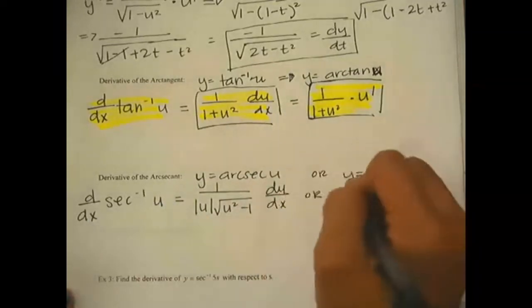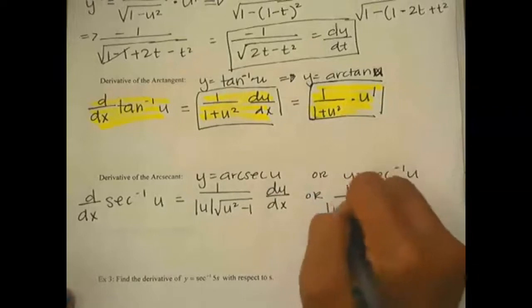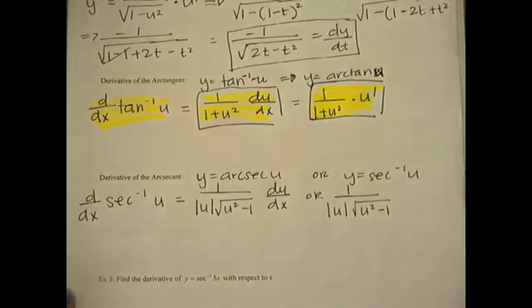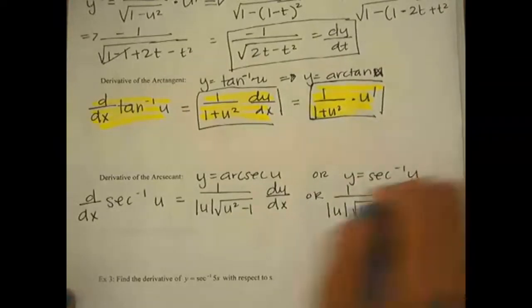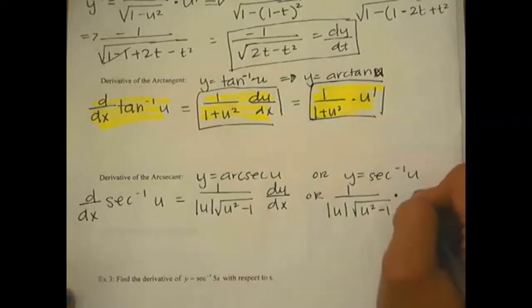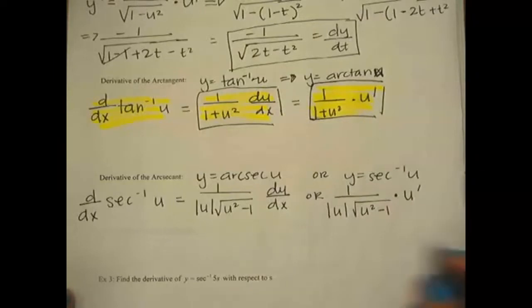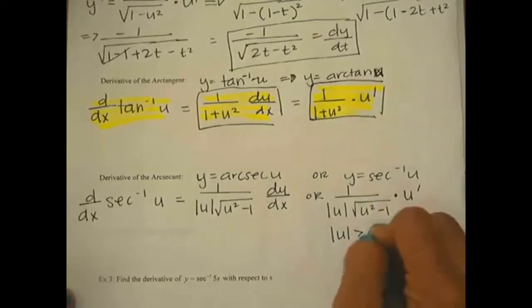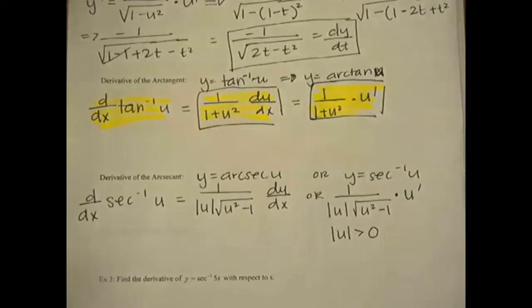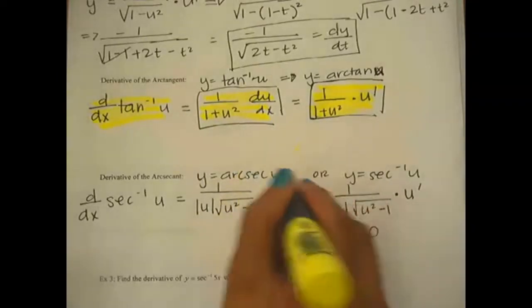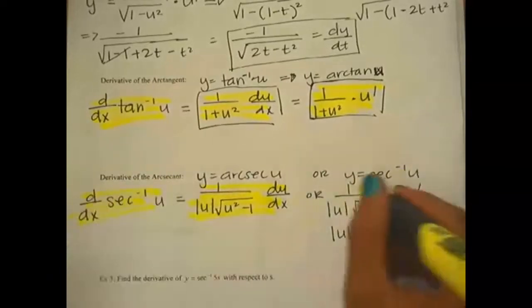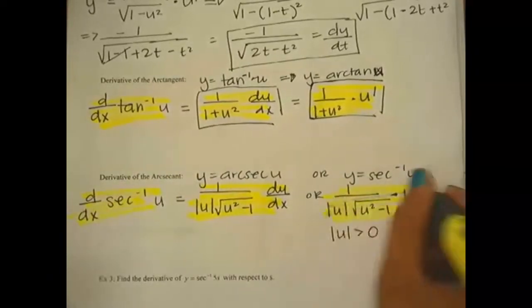If you don't feel like using this notation, du dx, you can just do u prime, provided that the absolute value of u is greater than 1. So these are the third inverse formula that you must know. And I'm just going to highlight it all.